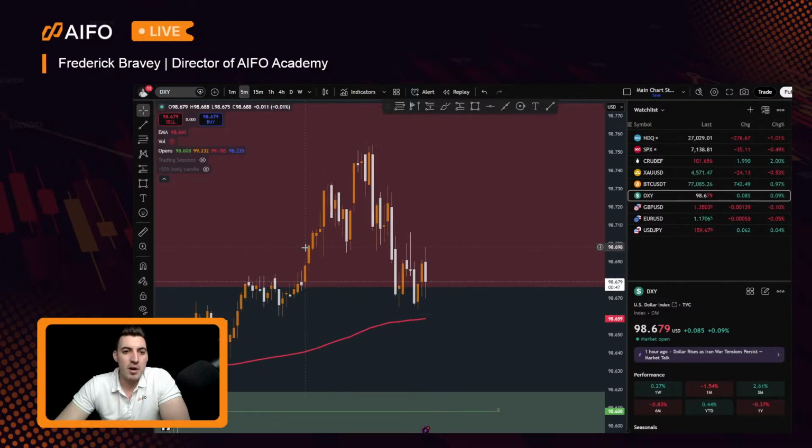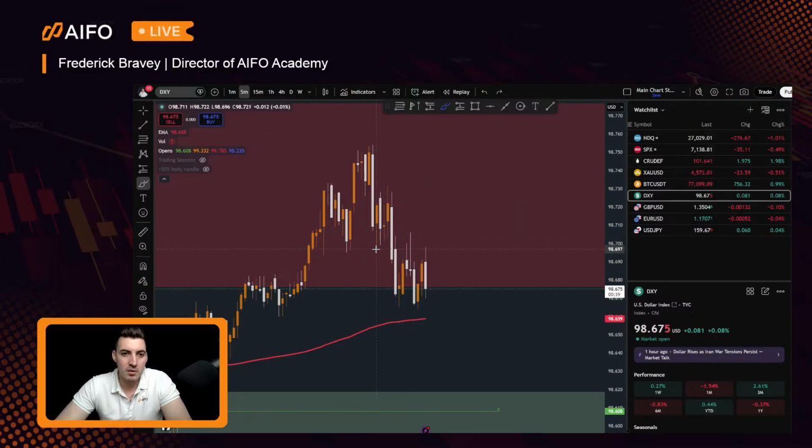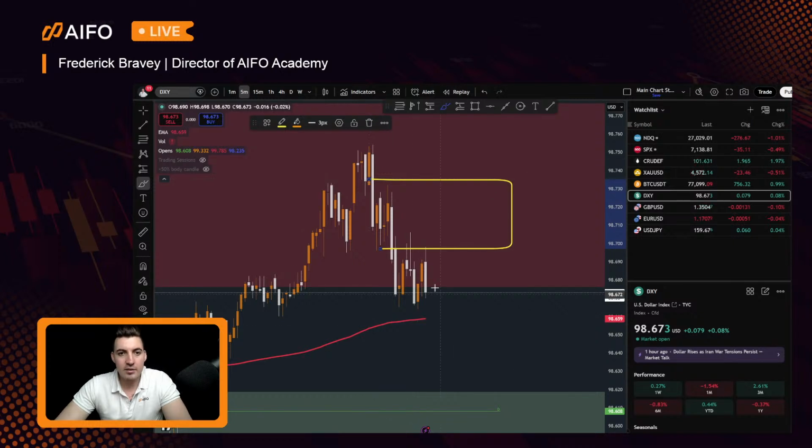on this lower frame. So what are we maybe seeing? This should act as that retest. It would have been nicer to be a bit deeper, actually.